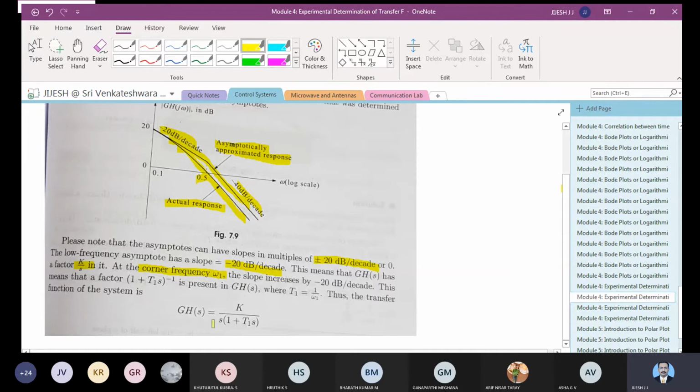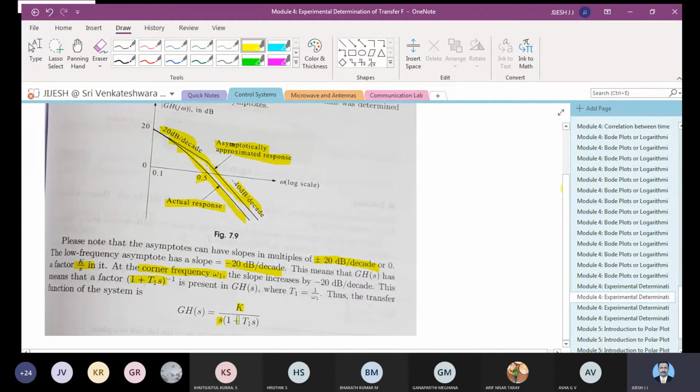So there is an S term here, and you have to write K divided by S by observing this figure. Then it is -40 dB per decade. When you have -40 dB per decade, you know that a slope of -20 dB is getting added, which indicates that the term is in the denominator, so you can write it as 1 plus Ts in the denominator.